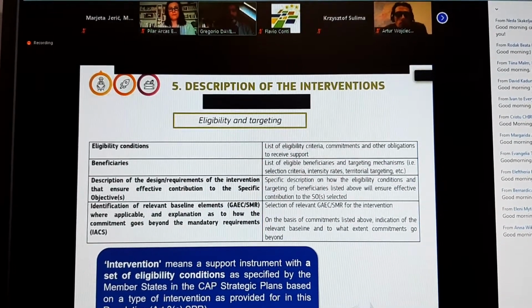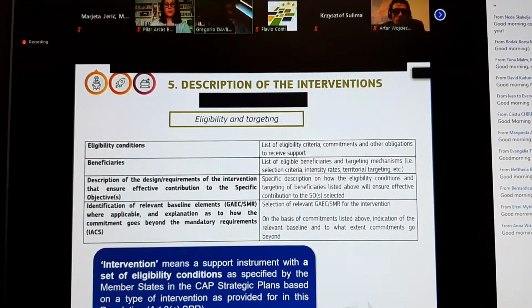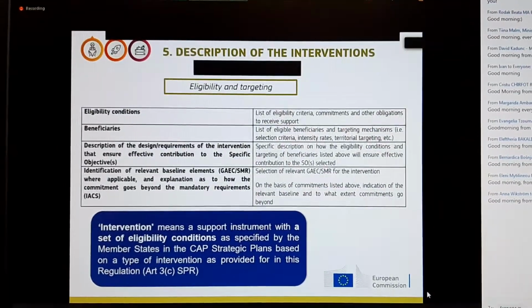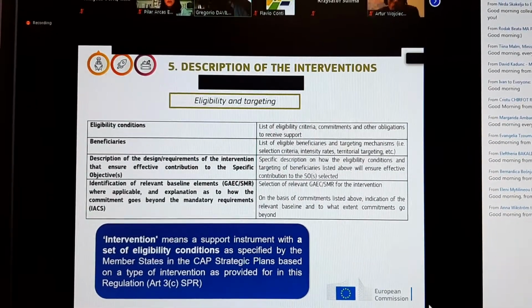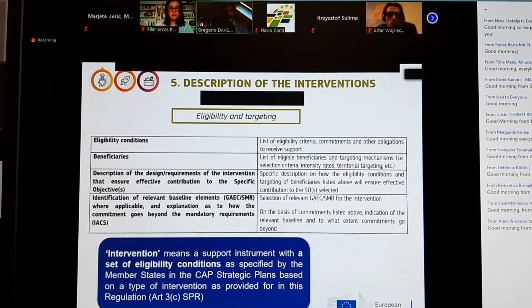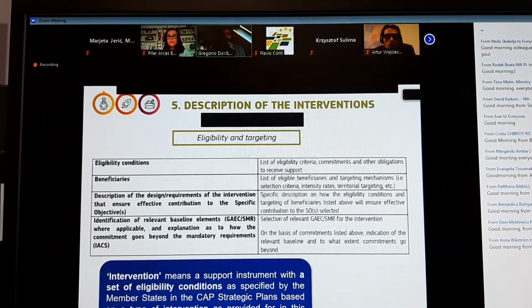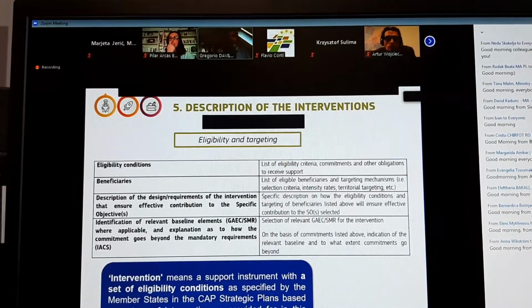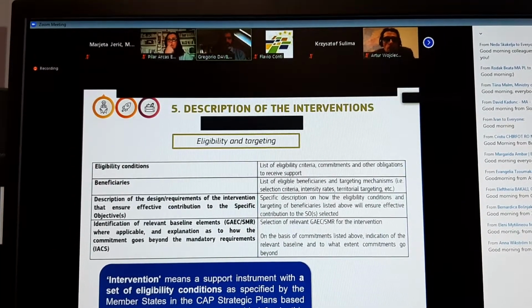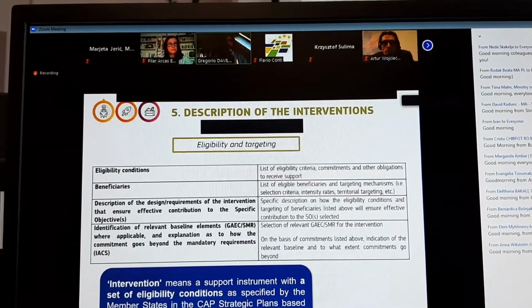The opinion on this is not that straightforward. In principle, the idea is that we get the information that is relevant to understand the targeting of the support, who will get the support from the CAP, and what are the conditions attached to that support, and whether those are in line with the needs assessment, with the SWOT, and with the intervention strategy. I think it's pretty much common sense, but I know that it's not very easy to define in practice.